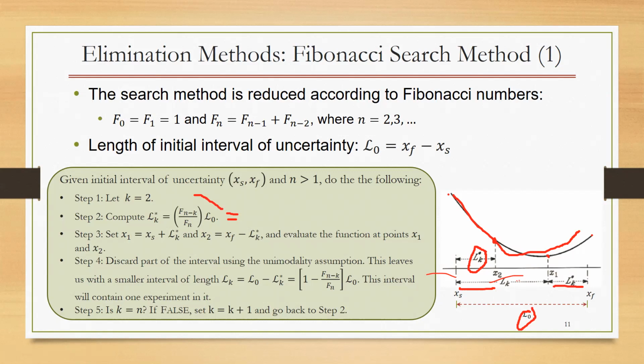So in the end we'll have either this new distance or this. In this case, I think we will stop with this, right? And then we repeat again. We find new L naught, which is given by, again, the ratio of 2 Fibonacci numbers times the new distance.